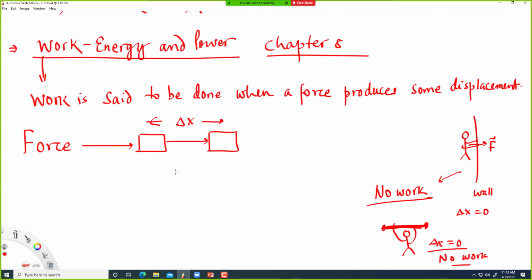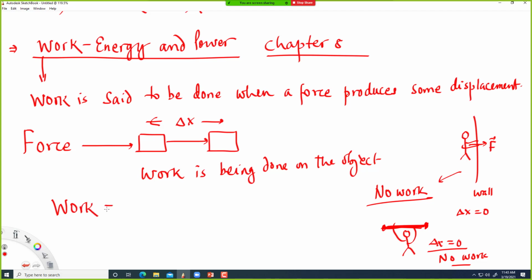Then you can say work is being done on the object. So the formula for work is given by force times displacement.